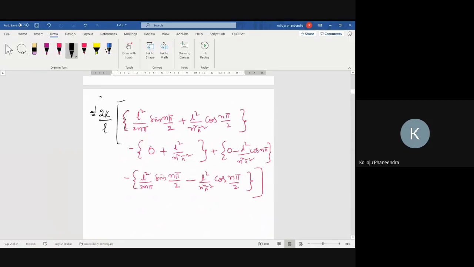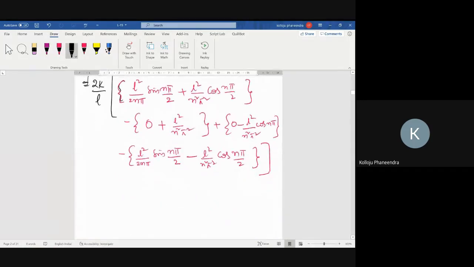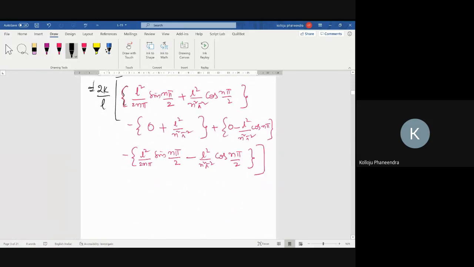Now coming to simplification, this is equal to 2k by L. This is L square by 2n pi sine n pi by 2 with plus sign, and this is minus sign L square by 2n pi, so these two get cancelled. Coming to another one, L square by n square pi square cos, this is plus.